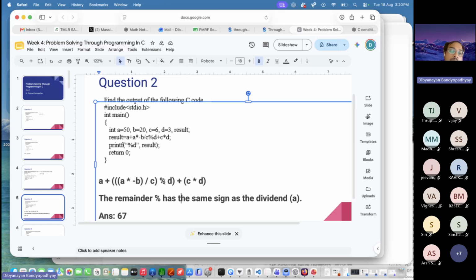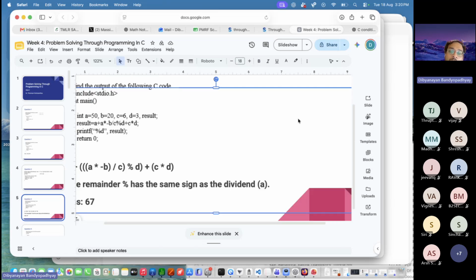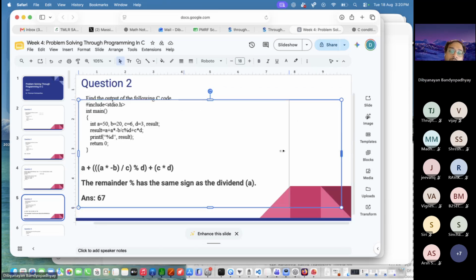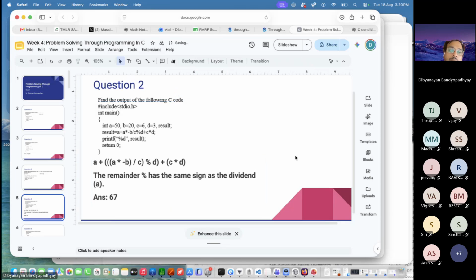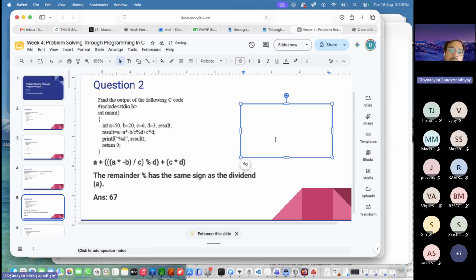So if you put the values correctly, what will happen? Let me just copy it here. What is the value of A?